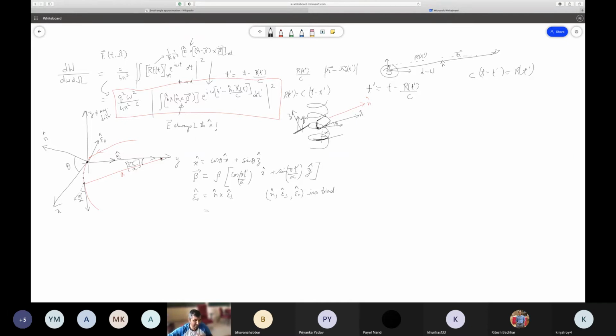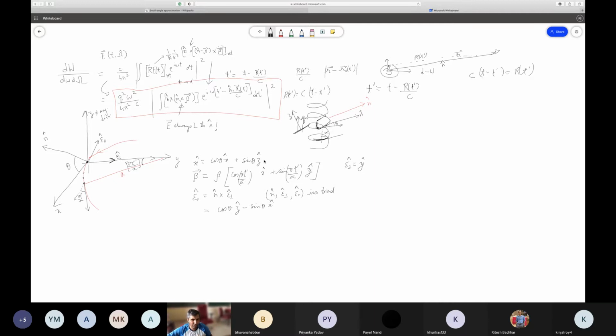All right, so from this diagram, epsilon perp hat is nothing but y hat, right? I have chosen my y-axis such that the acceleration at t prime equal to 0 is along the y direction. So epsilon parallel hat is equal to cos theta z hat minus sine theta x hat.